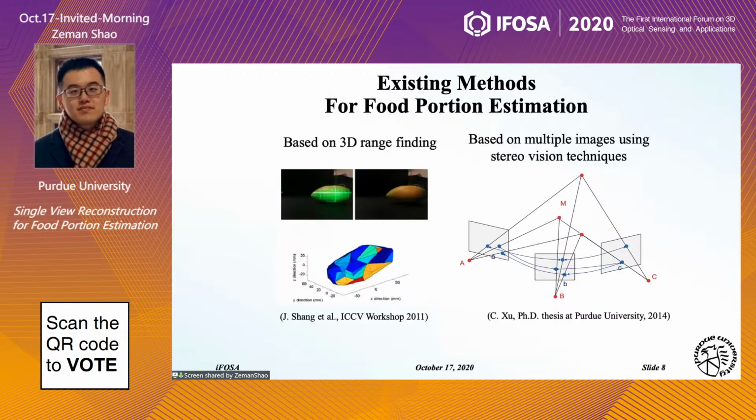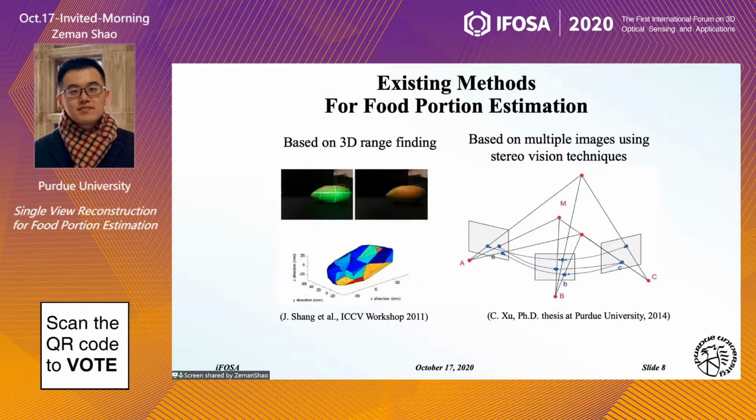There are also some existing methods, including those based on 3D range finding using techniques such as structured light, and those based on multiple images and videos using stereo vision techniques. Structured light requires significantly modified mobile devices, and not all phones have a rear-facing depth sensor.